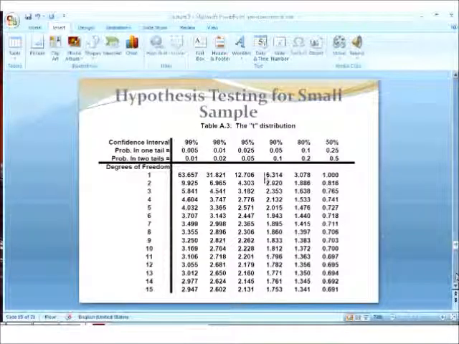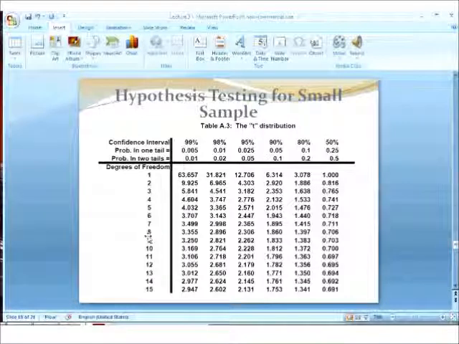Now, I just took a snapshot of some portion of a t-table. Just like the way we had z-values, we have t-values over here. These are our confidence levels, and these are the significance levels, 0.5, 0.2, and so on, and it depends whether it's a one tail or a two tail test, and the degree of freedom.